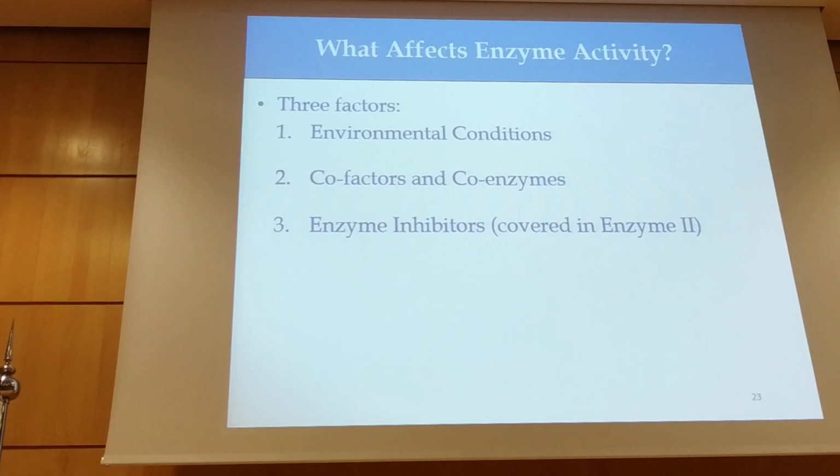Okay, now if you look into enzyme activity and what could affect it, we do have three factors: environmental conditions, cofactors, and coenzymes. We're going to discuss these two. Enzyme inhibitors we will discuss tomorrow when we discuss kinetics and see how the inhibitors, especially drugs, when we say this is competitive, non-competitive, uncompetitive, we're going to look into how they could affect the Vmax.